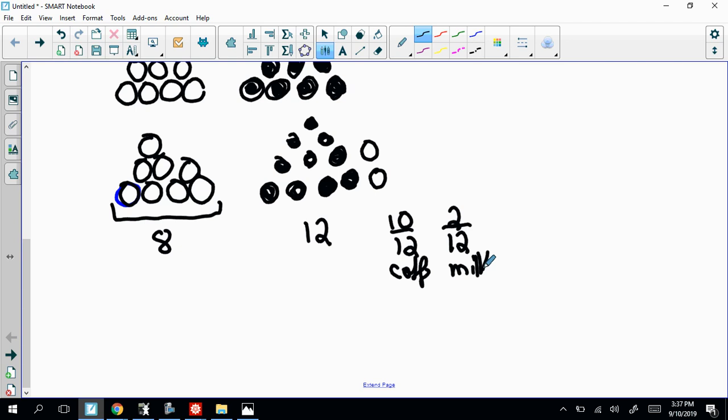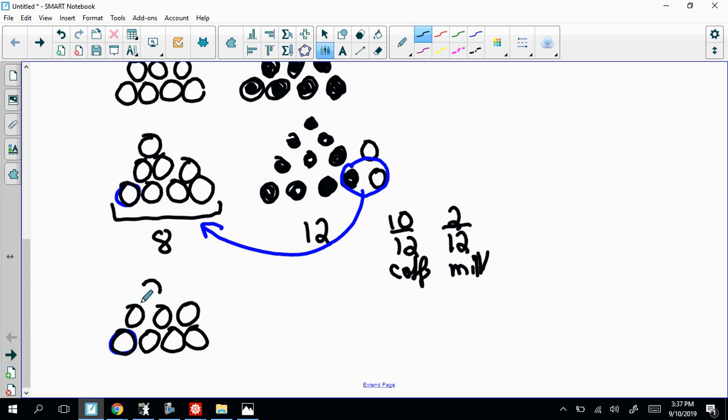Now, we're going to have a mixture, and we're going to bring 2 back because it's a mixture, and we're going to be left with 1, 2, 3, 4, 5, 6, 7, 8.